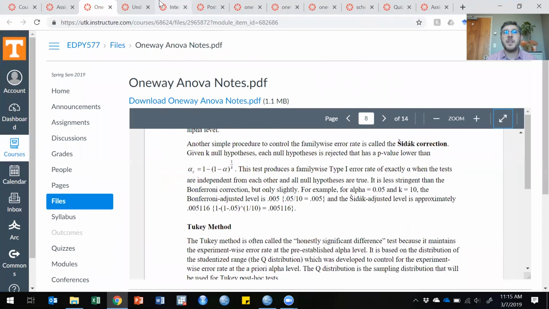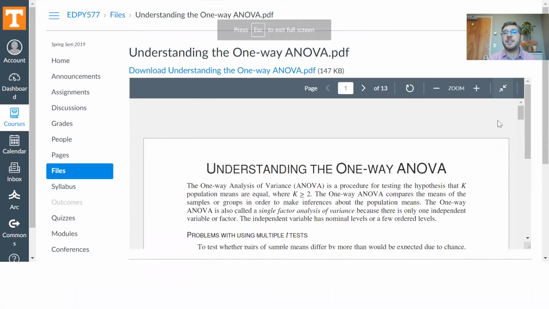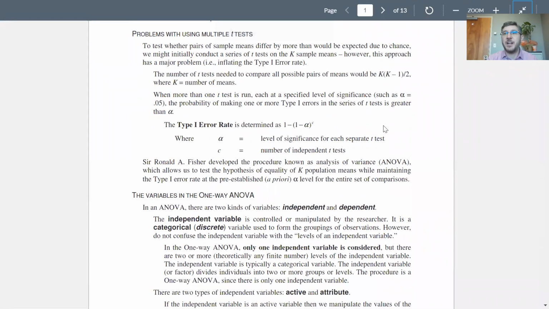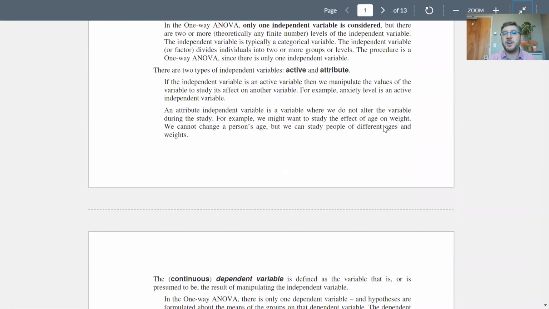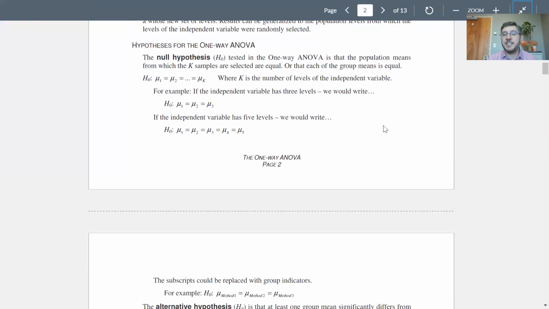I have a couple other documents that I've found online that I thought would be helpful to you. This one, Understanding the One-Way ANOVA, the author goes through, like I do in my notes, the different aspects of the one-way ANOVA. He actually goes into a little bit more detail here about testing the different assumptions and the consequences for violating those assumptions.